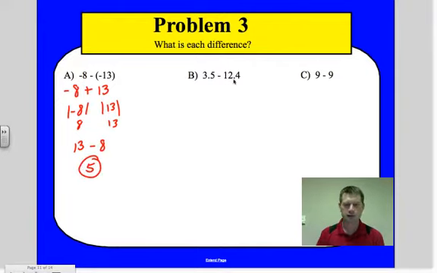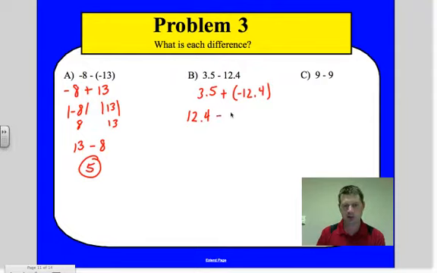The second one here, we had 3.5 minus 12.4. It's different signs, because what we're going to write is 3.5 plus the negative 12.4. There's your different signs. So adding different signs. Absolute value of negative 12.4 is 12.4.